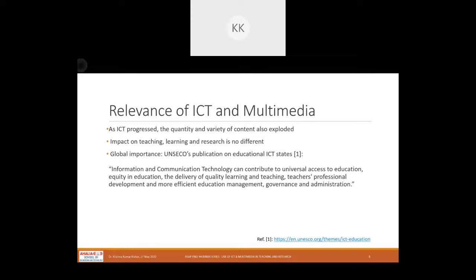If you look at UNESCO's website, UNESCO, a global organization, recognizes the importance of ICT and multimedia. What it states is that information and communication technology can contribute to universal access to education, equity in education, the delivery of quality learning and teaching, teachers' professional development, and more efficient education management, governance, and administration. So this covers the entire aspect of education.